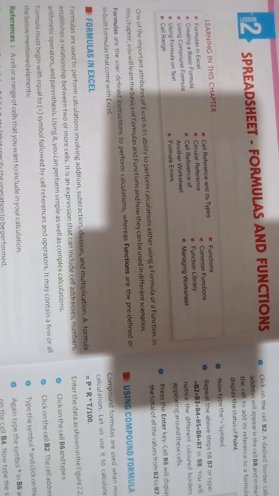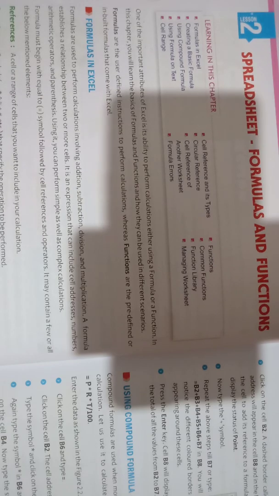Next, operators. See here the examples of operators: plus, minus, multiply, star and others. These all are symbols. Next one is constant, a number or text value that does not change, means static. Next one is functions. Function you know already, pre-defined formulas in Excel.